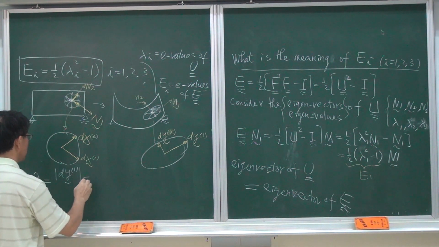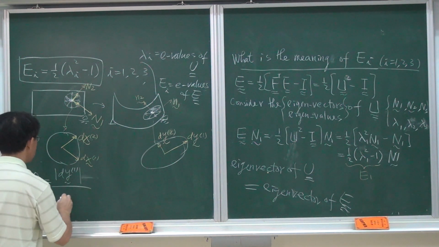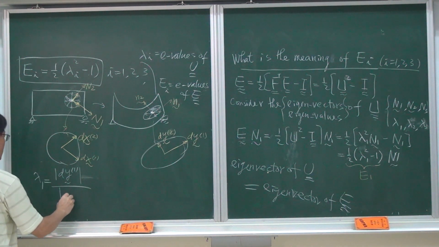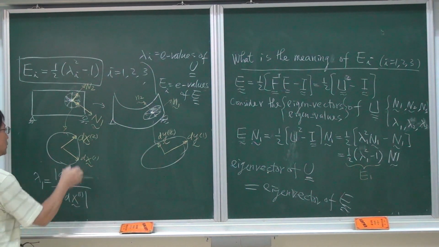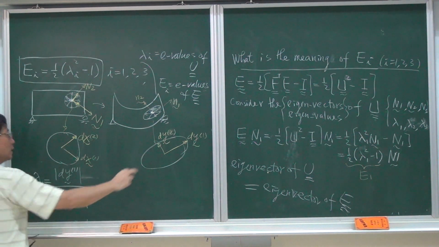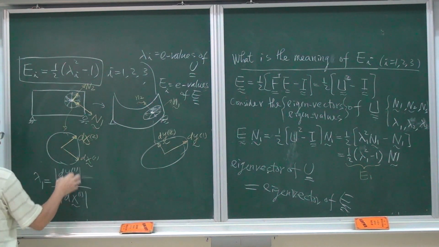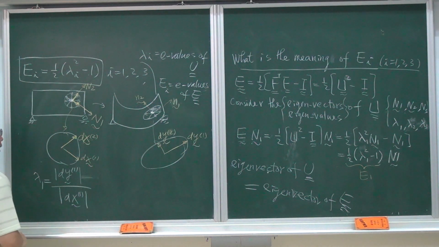the ratio of the length. Okay, the length here and the length here, and taking the ratio will give lambda 1.